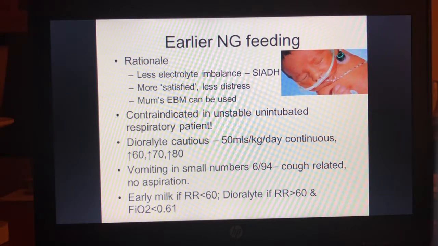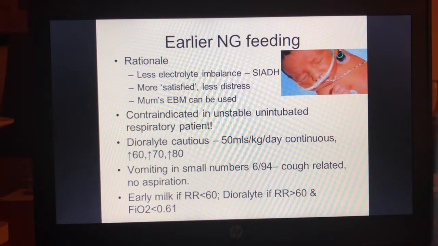So now moving on to trying to reduce distress in infants who are getting respiratory support. We looked at how we would consider introducing earlier nasogastric feeding.